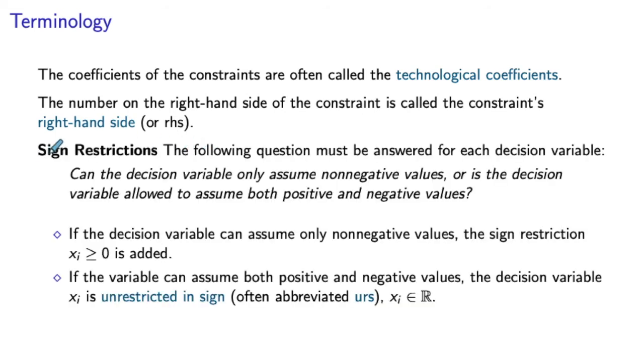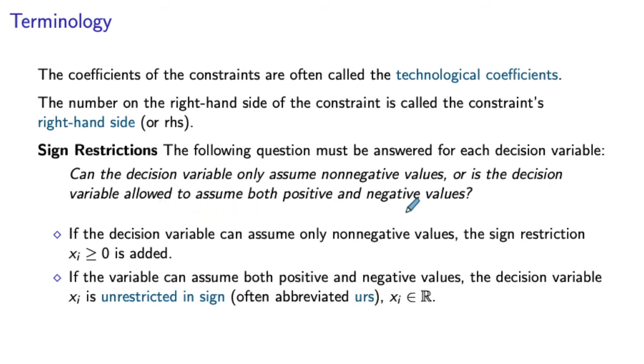Finally, when we defined our decision variables, we didn't really specify of what type they are, right? And normally this is an important consideration that we need to address in the very beginning when we define our decision variables. The question that we always need to ask ourselves is, can the decision variables only assume non-negative values, or can they also be negative?